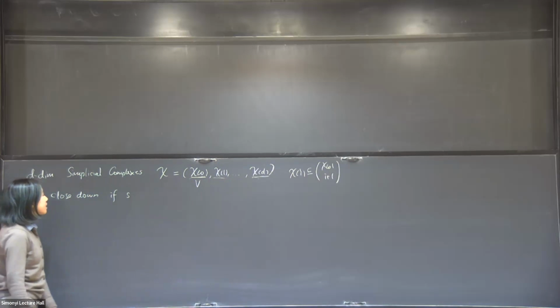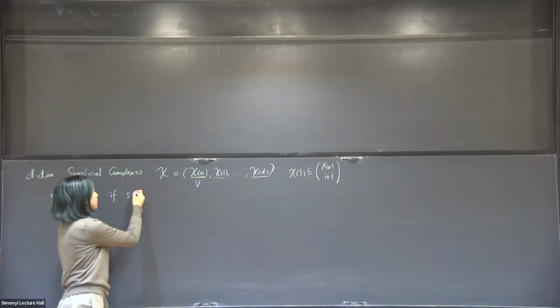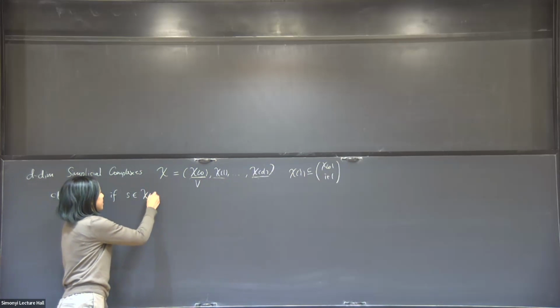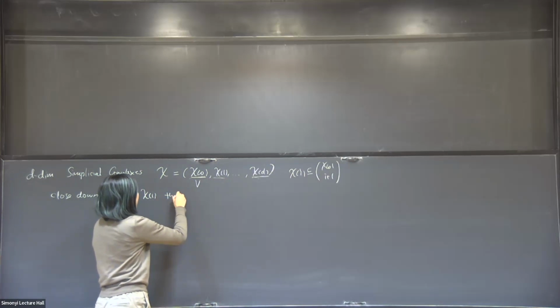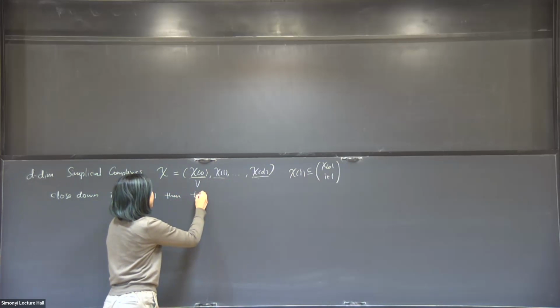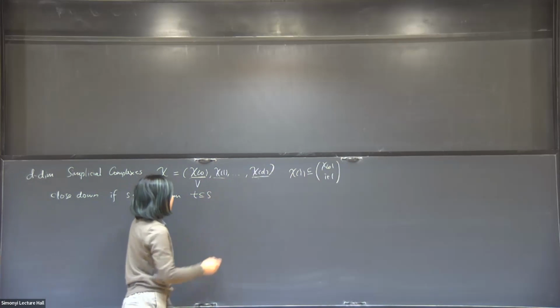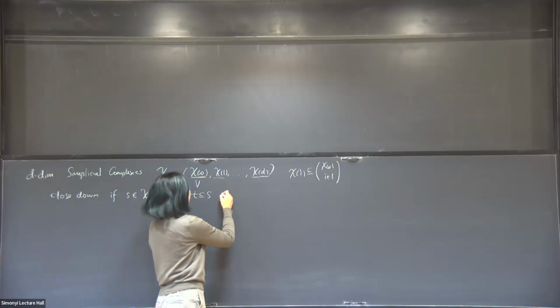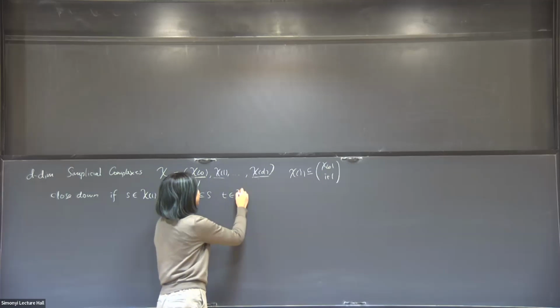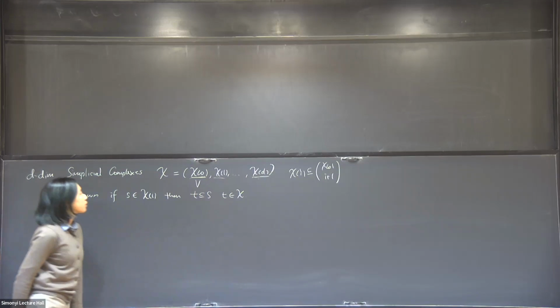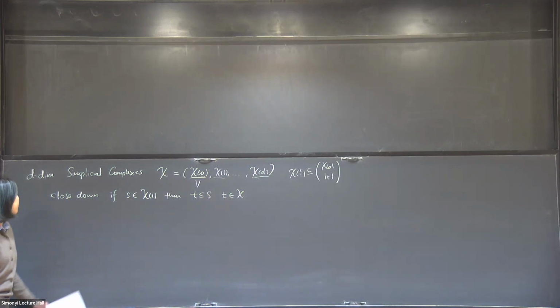The property says that if S is an I face, then all subsets of S are also inside this simplicial complex. So this is the close-downness.